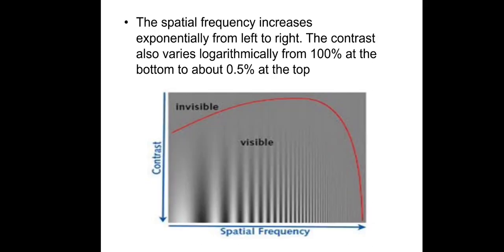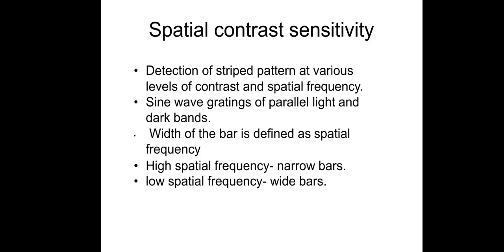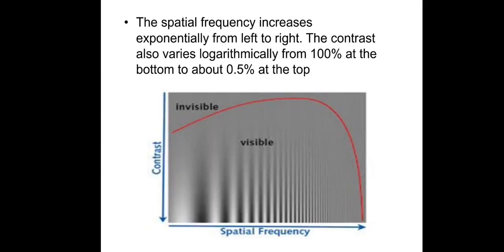So you can see it's going from left to right, getting narrower, and the width of these strips is known as the spatial frequency. So if the patient has good vision, or high spatial frequency, or a high level of contrast sensitivity, the bars will be narrow, toward the right side, meaning vision is good.